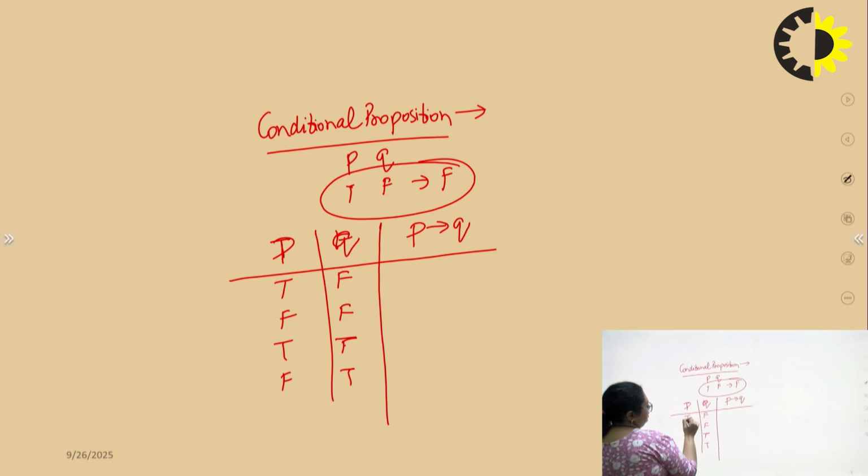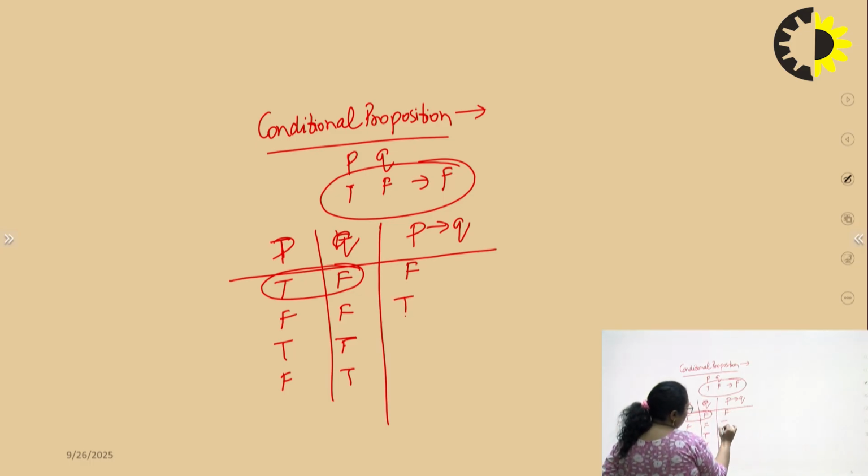According to the condition, it is only false for the value when P is true and Q is false. For the other cases it is true.